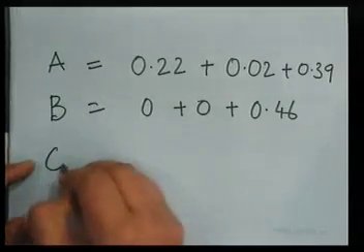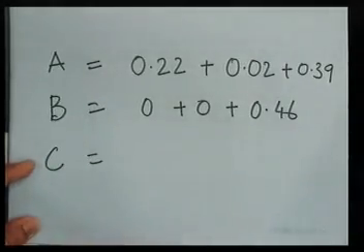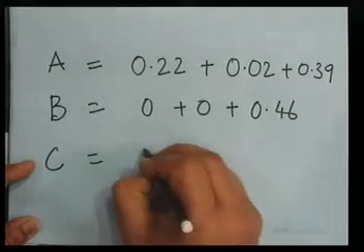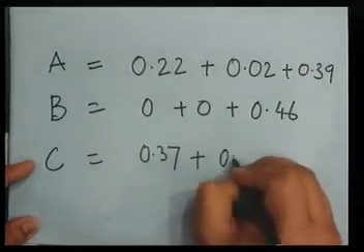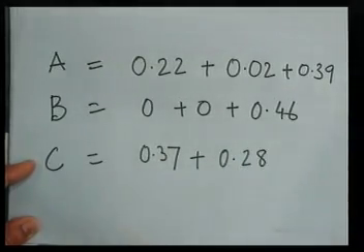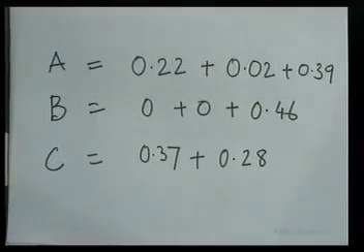For alternative C, you will get a value of 0.37 plus 0.28. So, these are my probability values for different alternatives of having a net present worth of $2,000 or more.